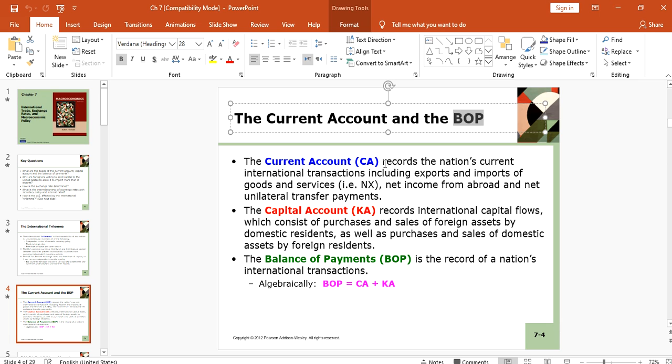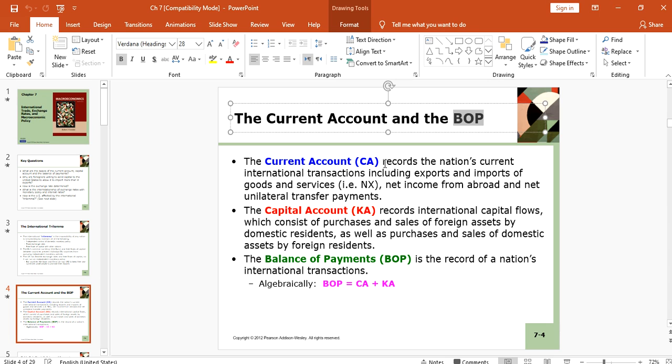It is the capital account. So by its name we should understand it's about capital. So capital flows. Okay, any purchase or sales of foreign assets by domestic residents, as well as purchase and sales of any domestic asset by foreign residents.